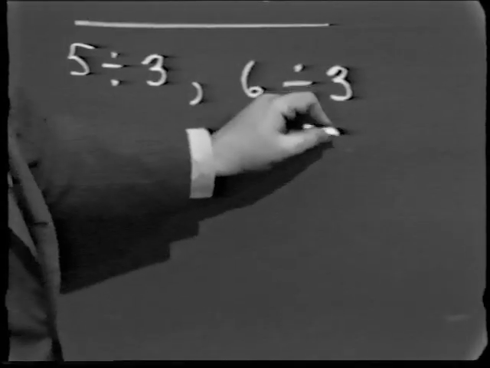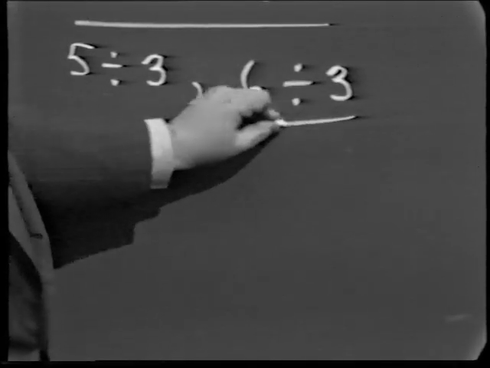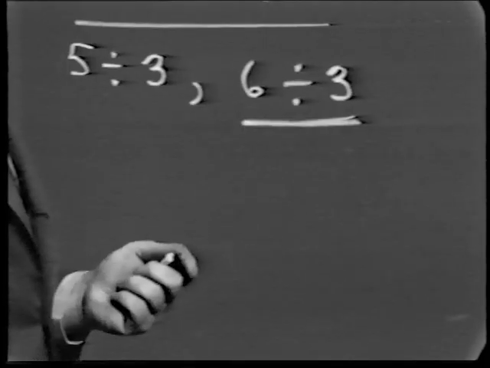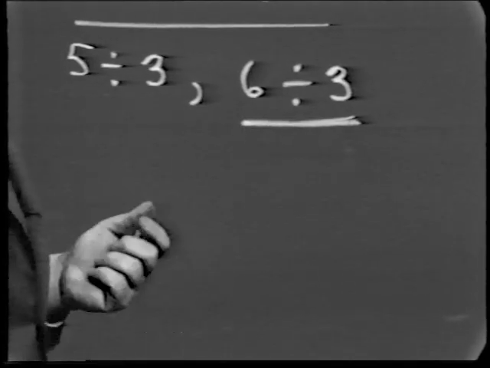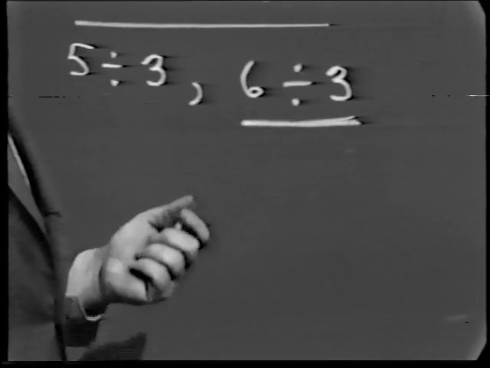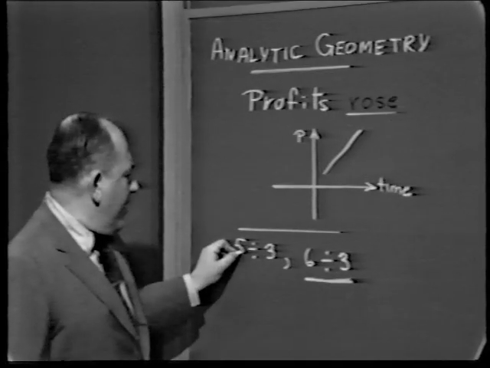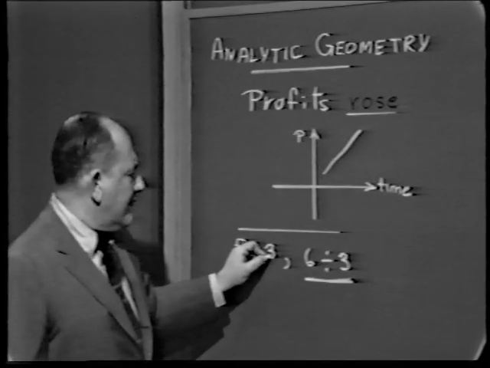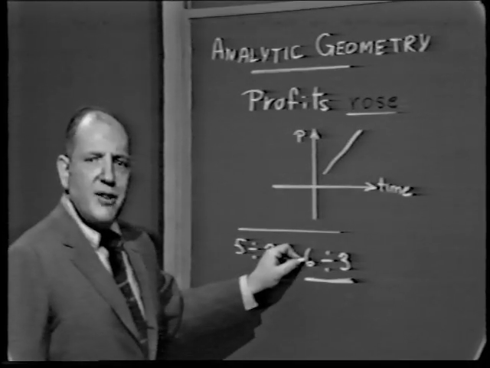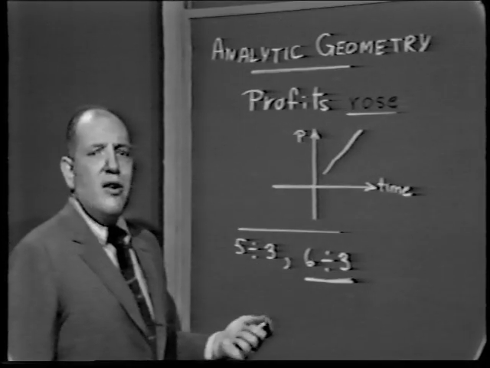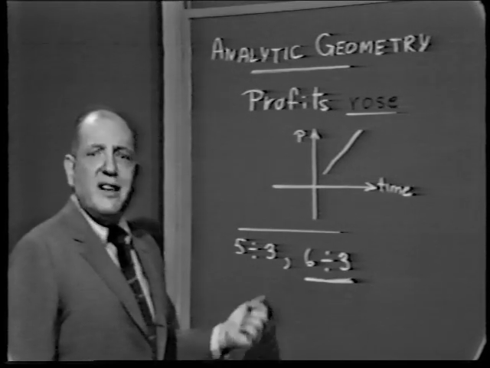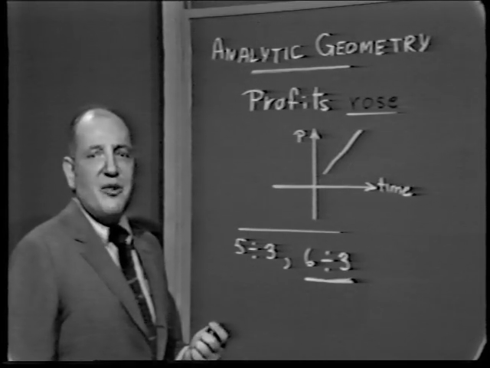I remember when I was in grade school that this particular problem always seemed more appealing to me than this problem. 6 divided by 3 seemed natural, but 5 divided by 3 didn't. The reason is that in terms of visualizing tally marks, it was much easier to see how you divide 6 tallies into 3 groups than 5 tallies into 3 groups.